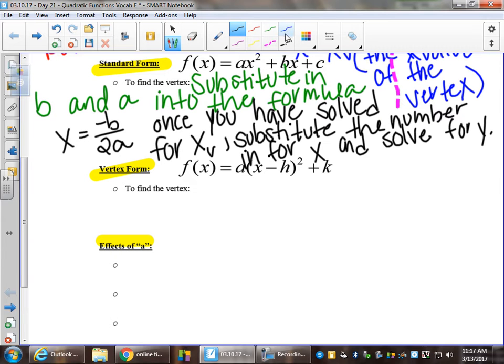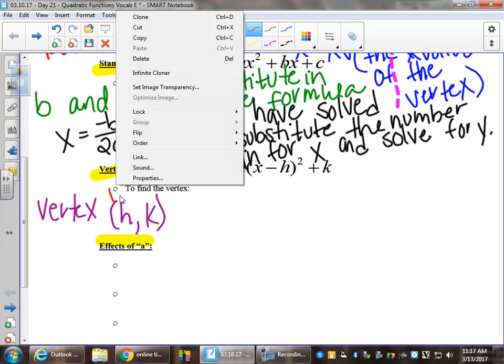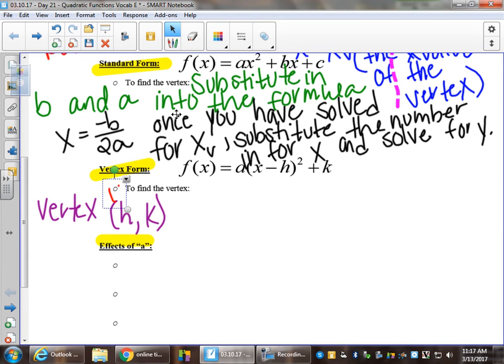Okay, so now, how to find the vertex given vertex form. Your vertex is always going to be h comma k, where h is your x value and k is your y value.